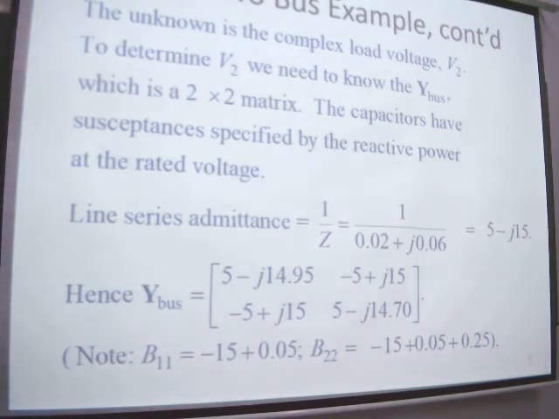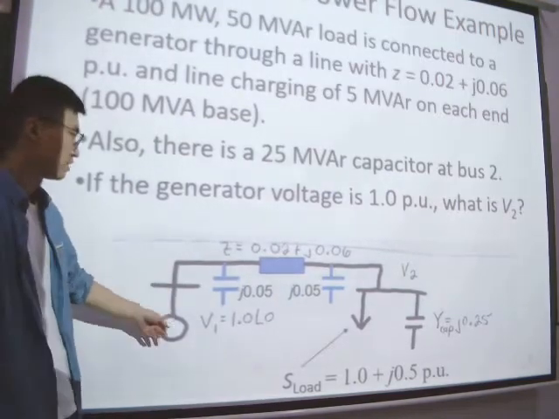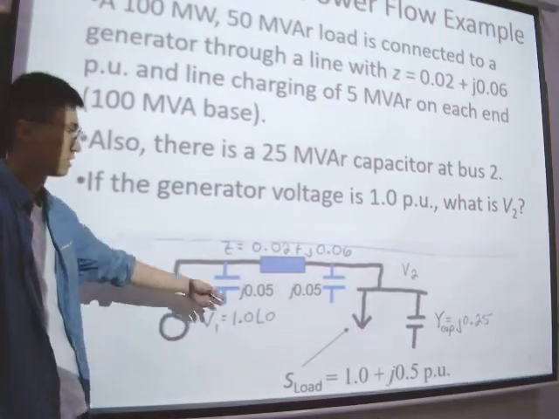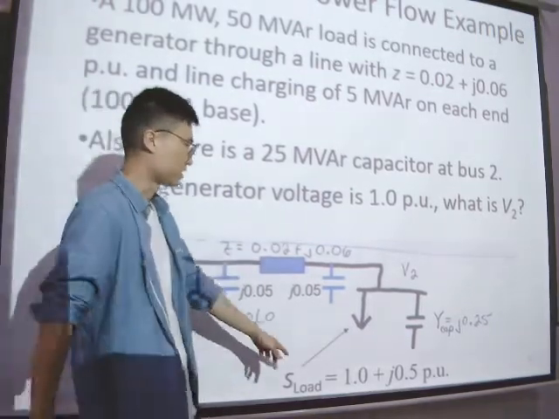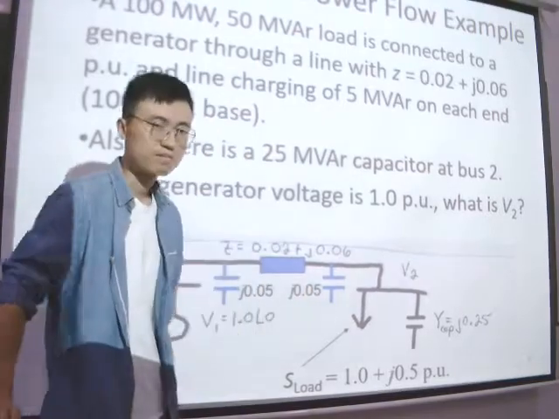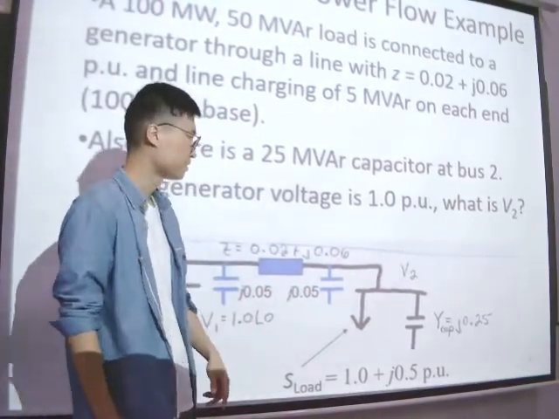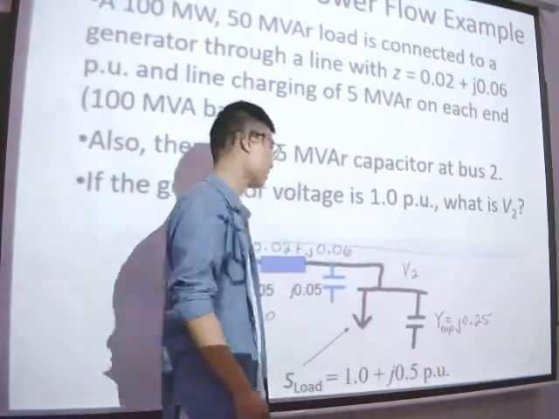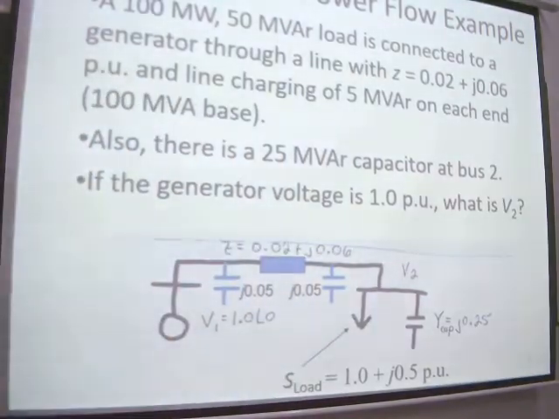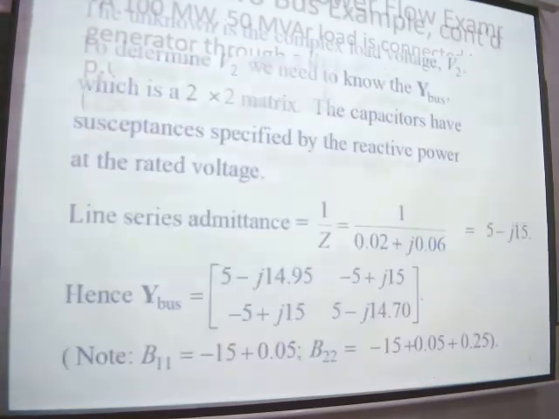In this two-bus system, here is the generator bus and that one is the load bus. The shunt capacitors and the line impedance parameters are all known.